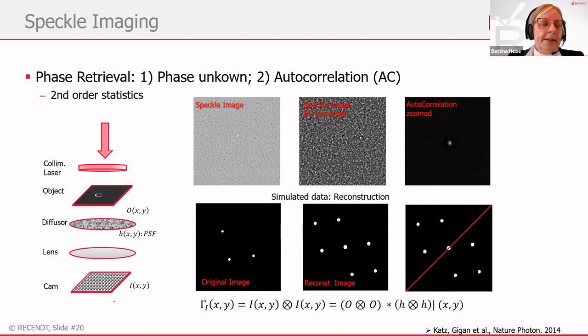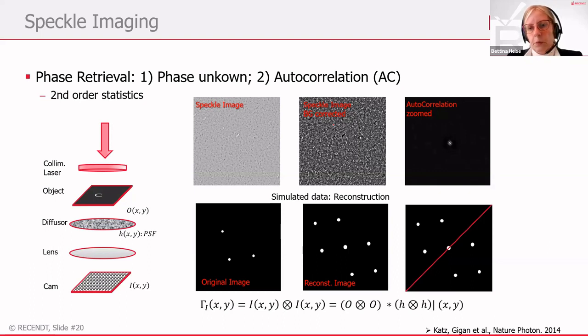A lens system then produces, after this diffuser, the image on a camera. For these simulated data, we had such a pattern, and what you would observe at the camera is such a speckle image, a bit enhanced in contrast in the middle.